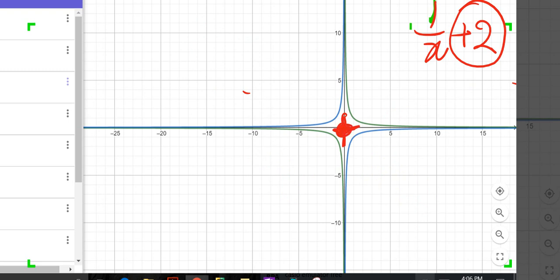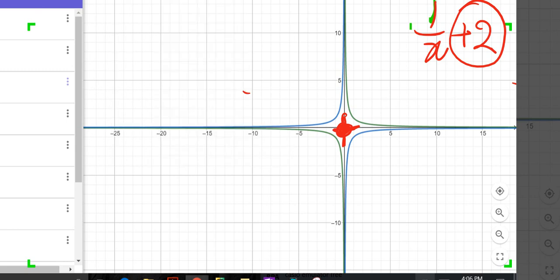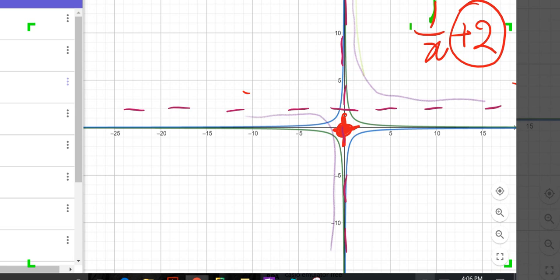My origin won't be 0, 0. I will move up by 2, which means my axis, this is 5, 4, 3, 2, 1, so I will be here. My x-axis doesn't change. That means my hyperbola will move somewhere there and somewhere there. Do we understand that?